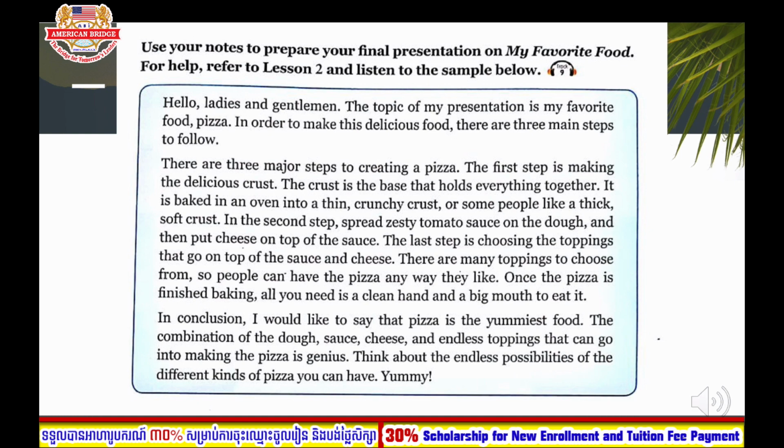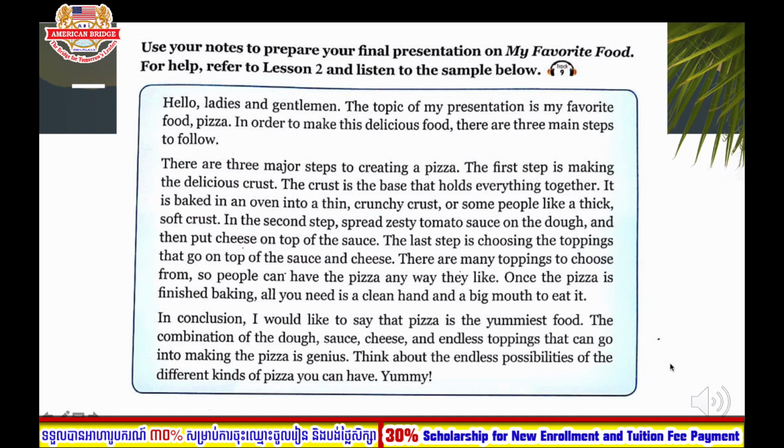In the second step, spread zesty tomato sauce on the dough and then put cheese on top of the sauce. The last step is choosing the toppings that go on top of the sauce and cheese. There are many toppings to choose from, so people can have the pizza any way they like. Once the pizza is finished baking, all you need is a clean hand and a big mouth to eat it.